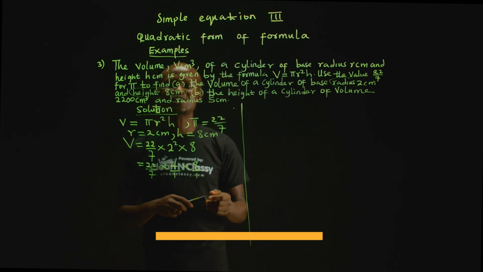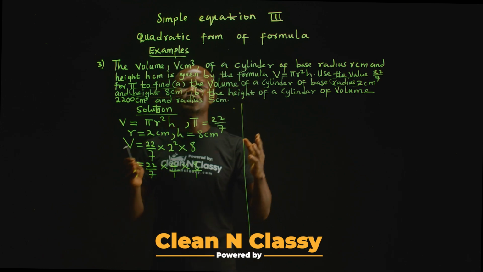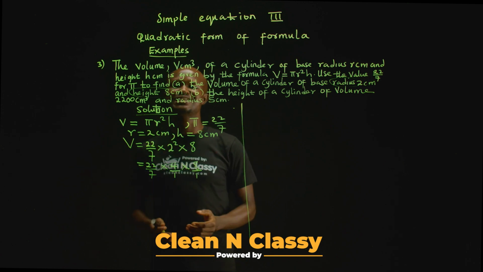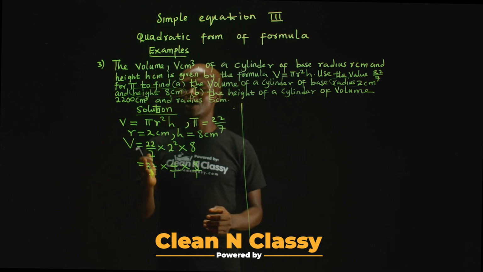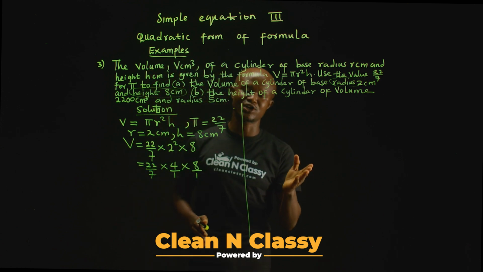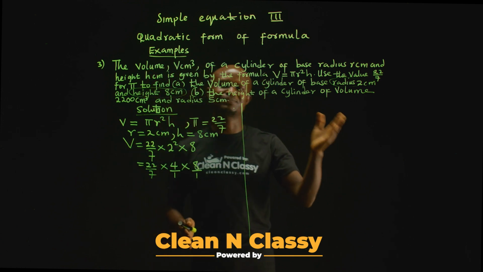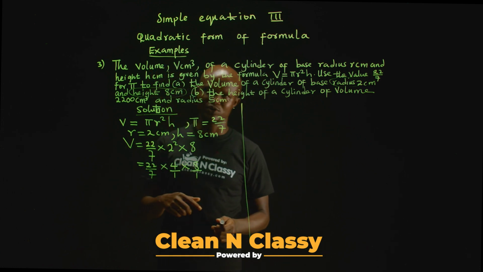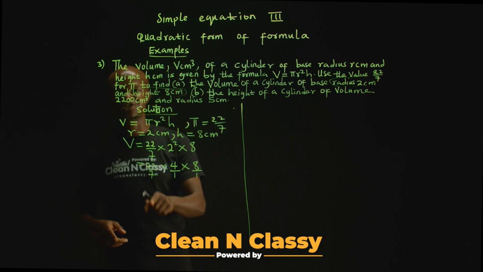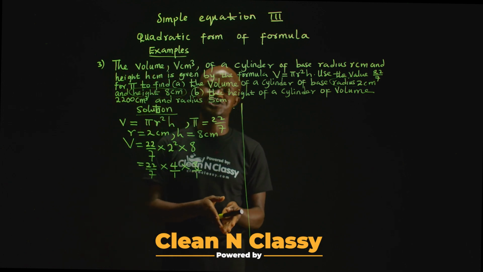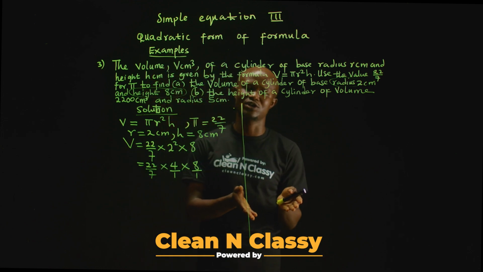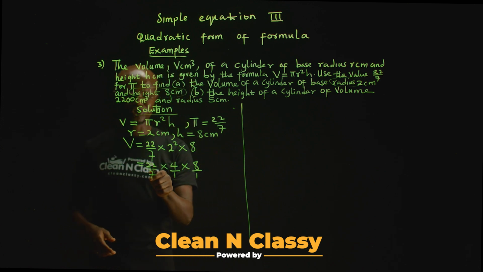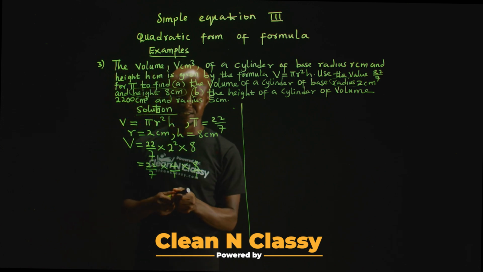When you are multiplying two or more fractions, we multiply numerators with numerators, and denominators with denominators. Take note. Now, 22 times 4 is 88.